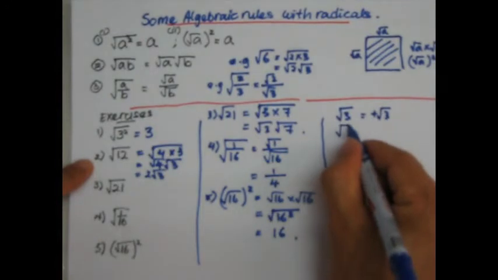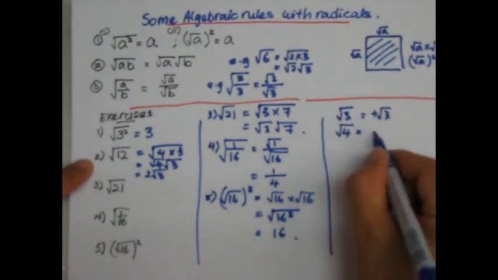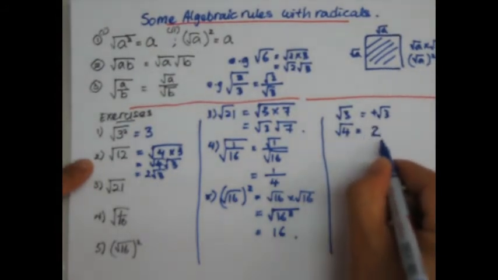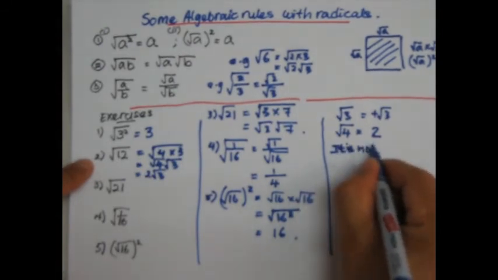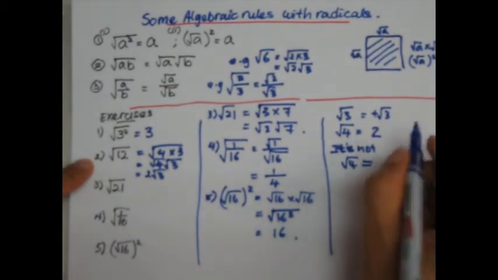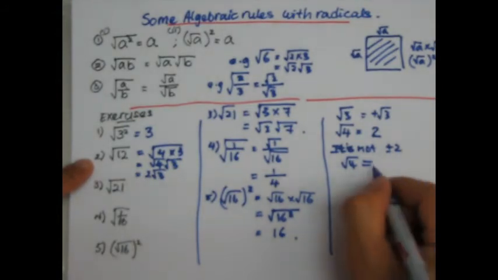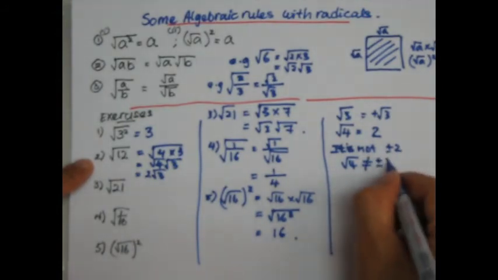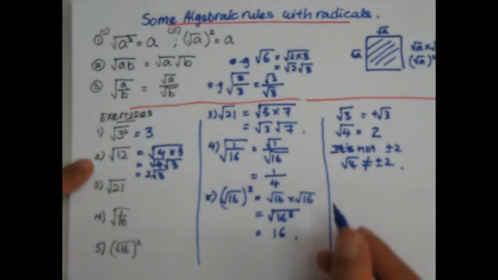And if you have square root of 4, then the answer is just positive 2. It is not plus or minus 2. This is not the same as that. The only time you get plus or minus 2 is when you have something like this.